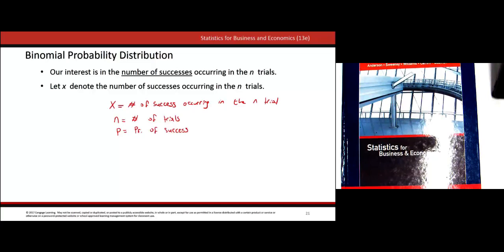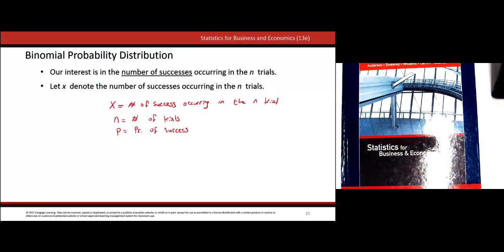So if we count the number of heads appearing over the 5 tosses, this has the properties of a binomial experiment. The experiment consists of 5 identical trials. Each trial involves the tossing of 1 coin. And 2 outcomes are possible for each trial, a head or a tail. The probability of head and the probability of tail are the same for each trial.